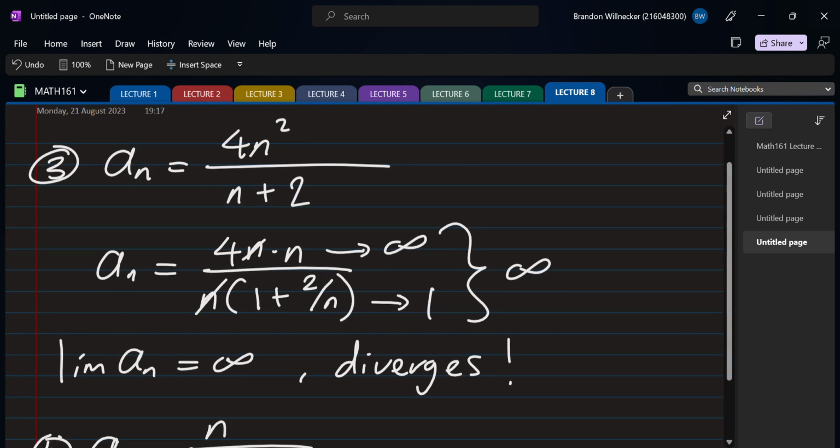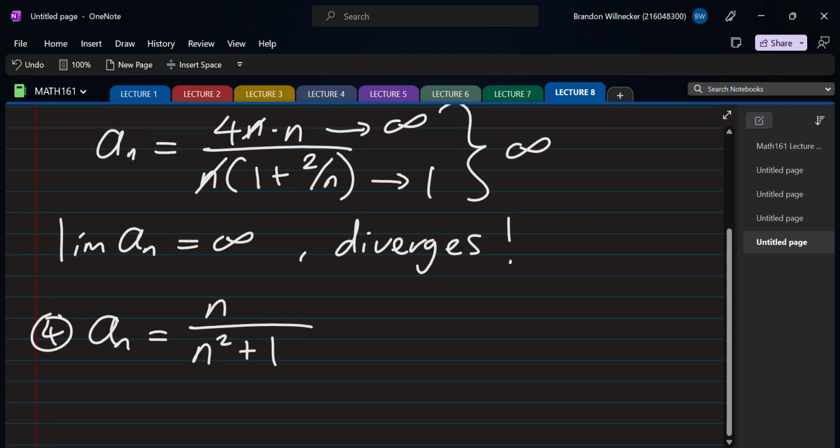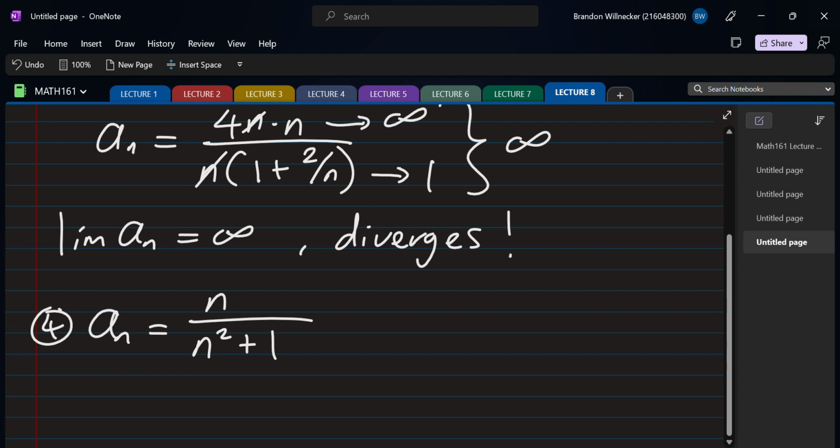Now for this one, we're not going to do this factoring out n, we're going to do another method. As with a lot of things in maths, there's more than one way to get to the answer. So I'm just going to show you multiple methods to answer these, so you can build up your toolkit of methods to use. Which one you use is up to you. If it's correct, then I'm happy with that.